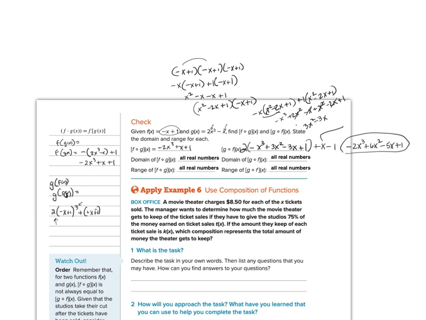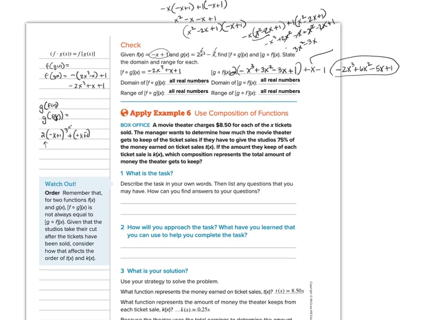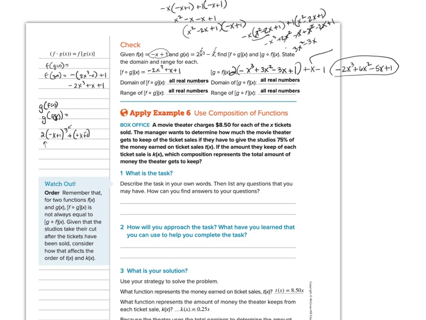Let's see if we look here. Now going back to this word problem: if the amount they keep of ticket sales is K of x, which composition represents the total amount of money the theater gets to keep? Okay, so you have a function of ticket prices, and then the function of the portion of the ticket prices they keep.